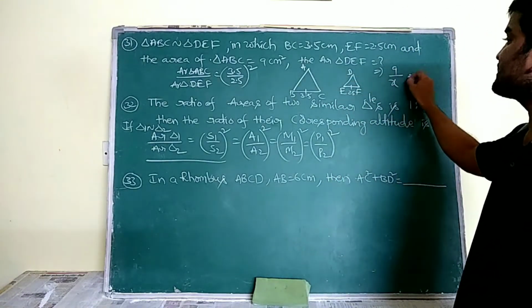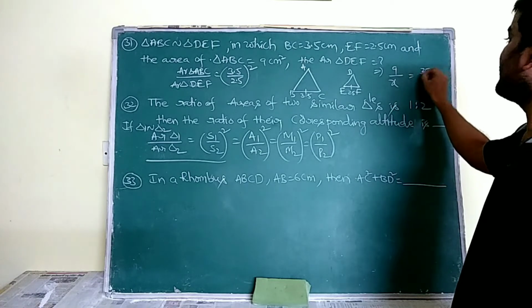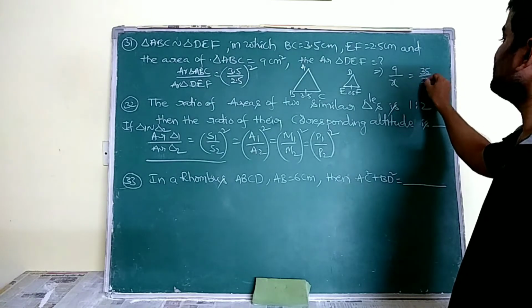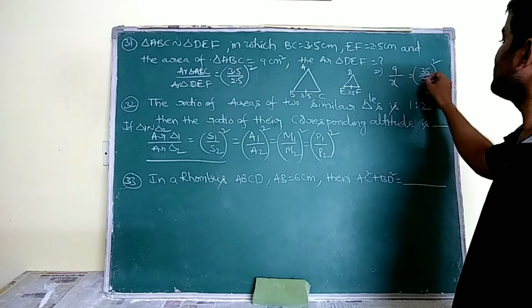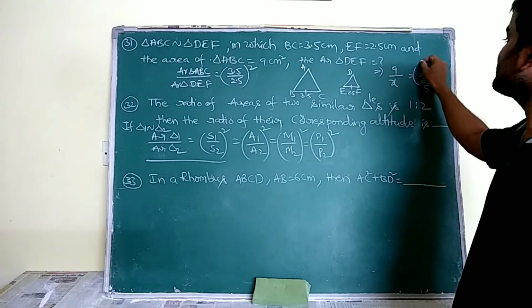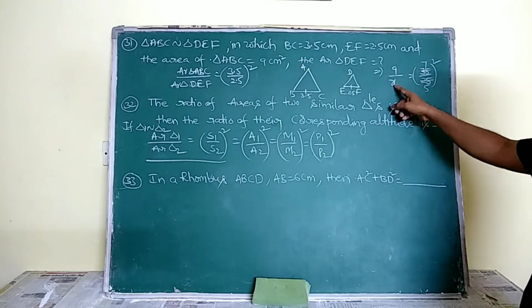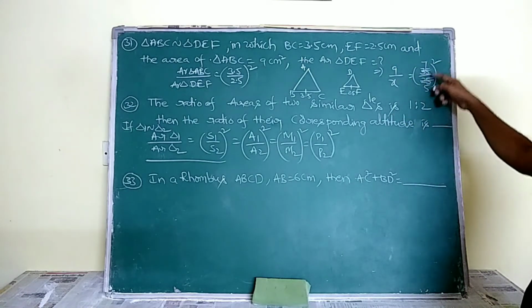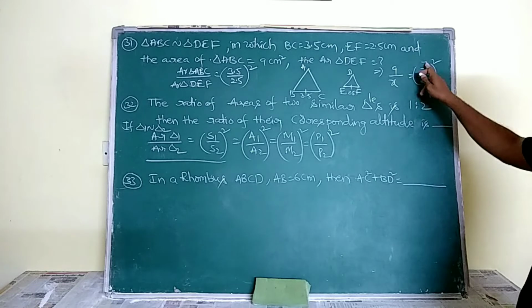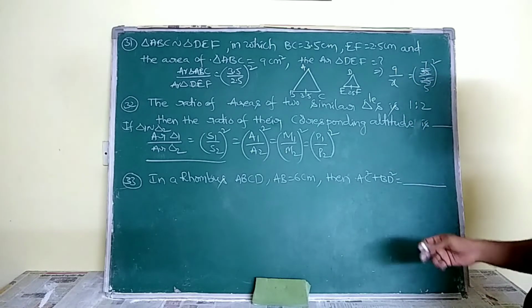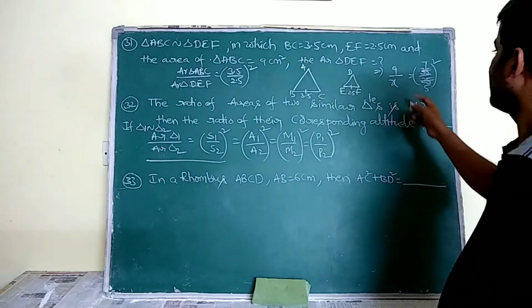So 9 by x is equal to (3.5 by 2.5) whole square, that is 35 by 25. 5 5s are 25, 5 7s are 35. That means 9 by x is equal to (7 by 5) whole square, that is 49 by 25.